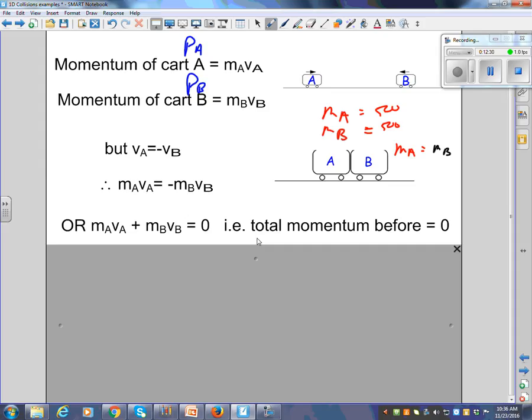The two carts are the same mass, traveling at the same speed, just different directions, and so, mathematically, the total momentum before is equal to 0. And if the total momentum before has to be equal to 0, that tells us the total momentum after is also 0. And that's the key idea.